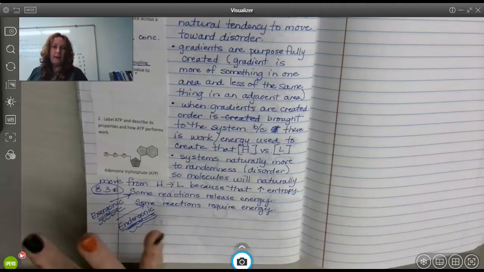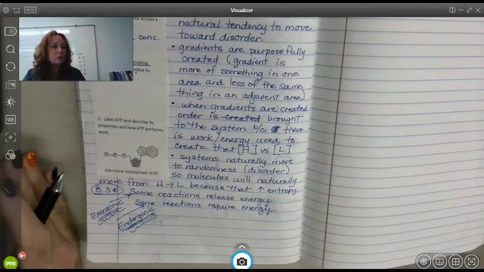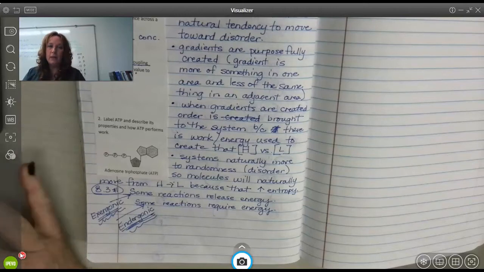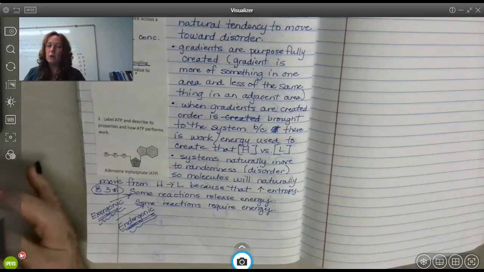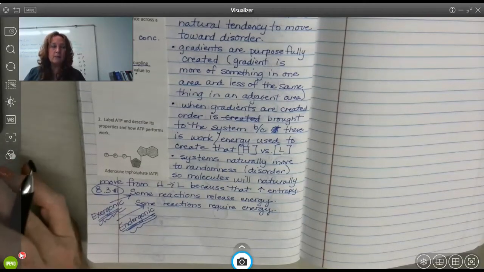So here's the thing about living systems. You have to have the ability to manage your energy. So the best way, whenever you're trying to work in your head, okay, I'm trying to get a good feel for the way that energy is working in this system.